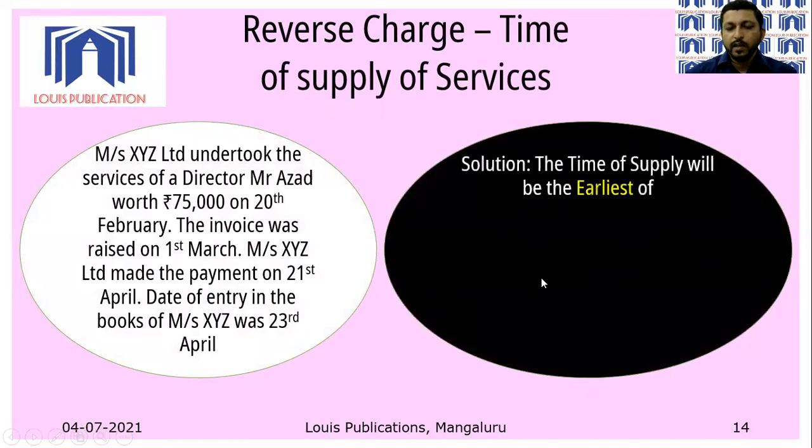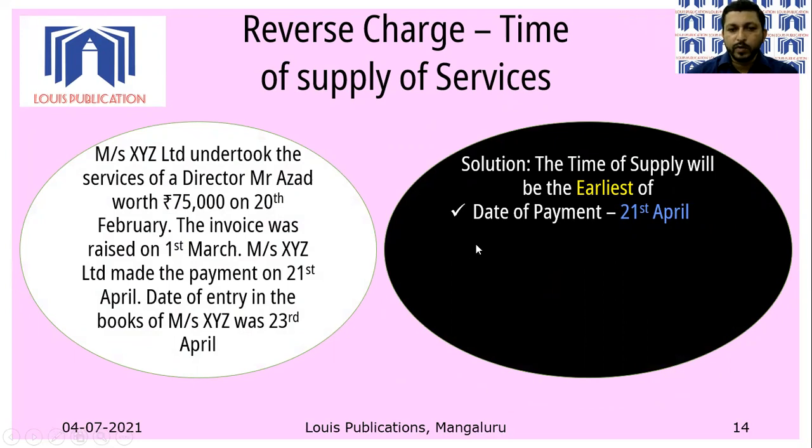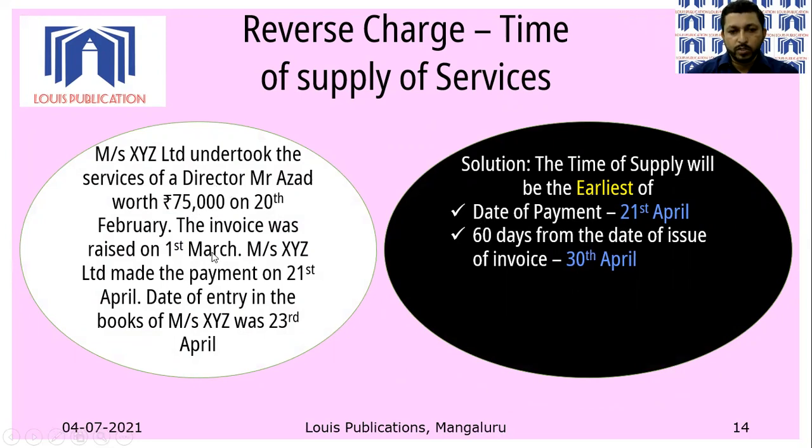Whichever is earlier, that will be considered. So first one would be date of payment. Date of payment is 21st of April. Remember, we are not talking about date of providing service. Then 60 days from the date of issue of invoice. So it's 1st of March, invoice was issued, count 60 days. So 30 days of March and 30 days of April.